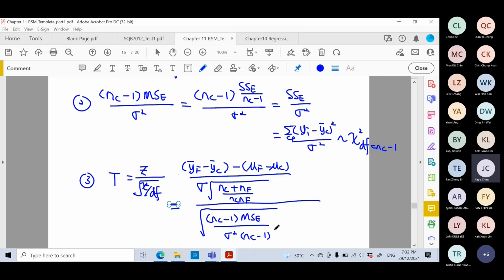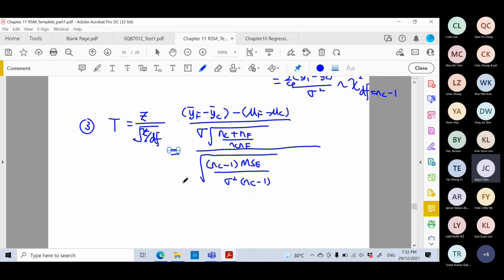From here, we can simplify further. The sigma and this sigma you can cancel off, then the NC minus 1 and the NC minus 1 you can cancel off.